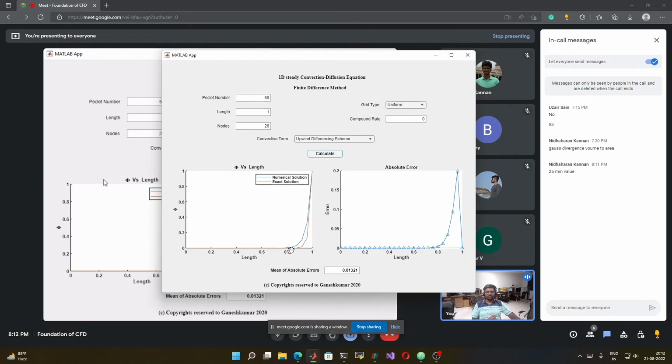But if you plot for Peclet number 18, let's say, this exact solution and Peclet number 50's numerical solution would be the same, which means that for a Peclet number 50, the upwind scheme is giving the solution for Peclet number 80, which essentially tells that it is more diffusive.